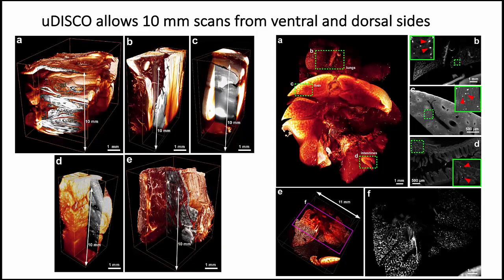If you want to combine ventral and dorsal, you can image only a maximum of 20 millimeters of tissue. After uDISCO clearing, tissues over 20 millimeters become smaller than 20. Now we can really scan without missing any tissue in the middle from dorsal and ventral, then combine them. We have a whole body scanned mouse.